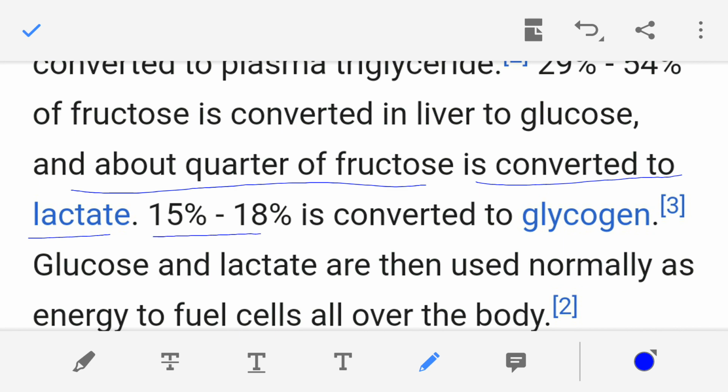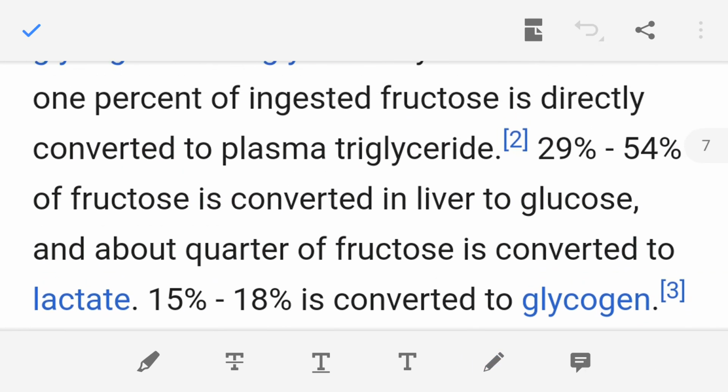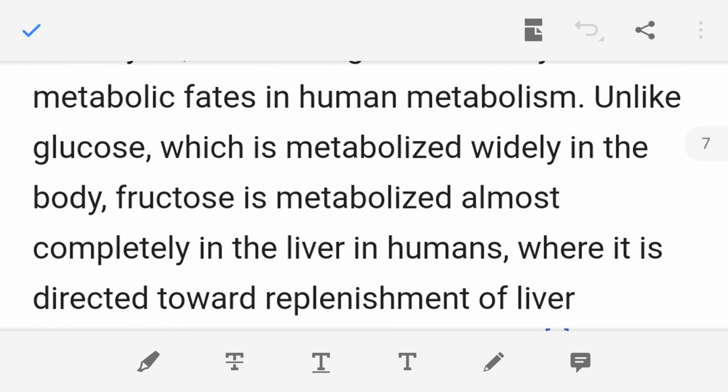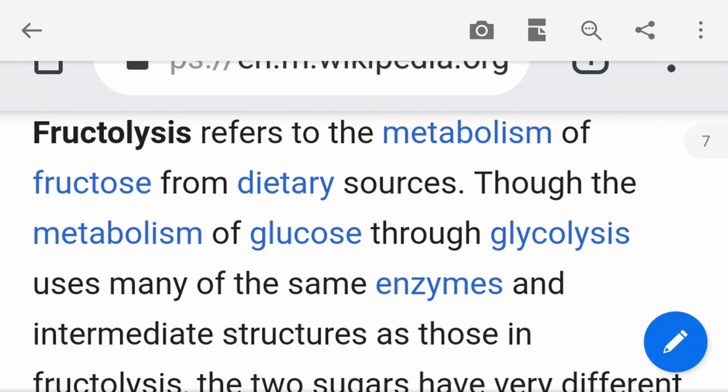Then 15 to 18% of fructose is converted into glycogen. So all these points we are remembering for the assimilation of fructose, how the fructose is assimilated in the body. In fact, you can read this entire article. I am showing you this.